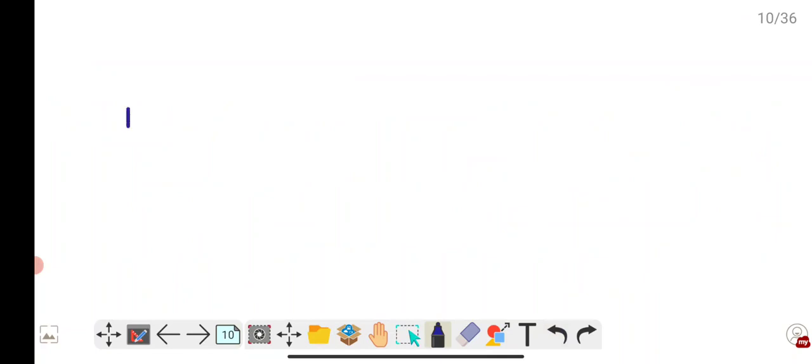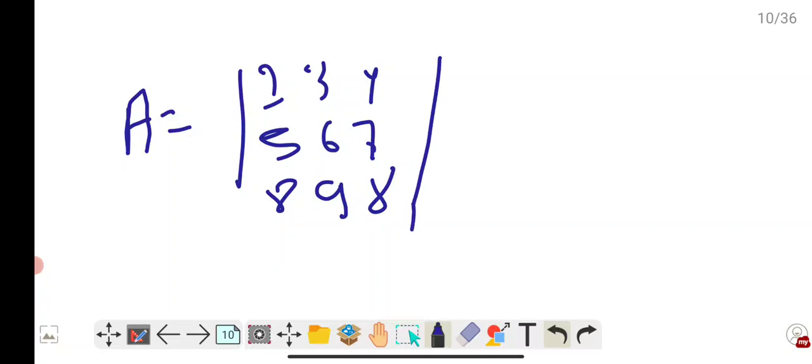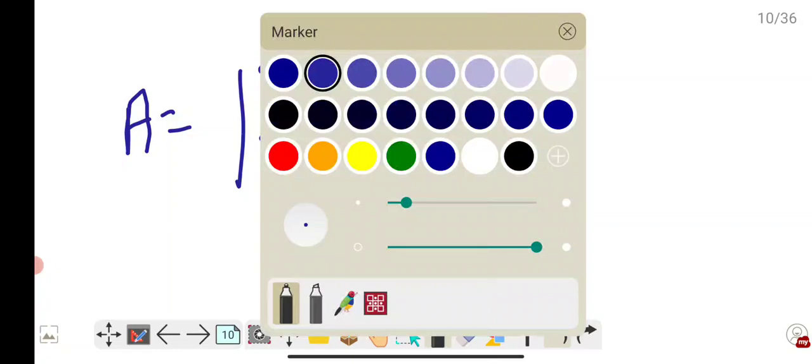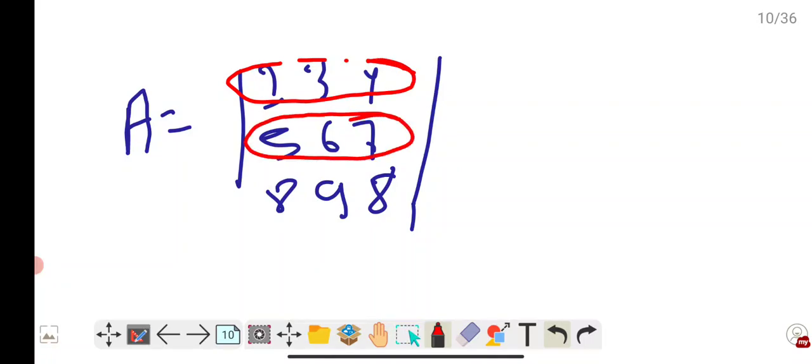For example, A equals 2, 3, 4, 5, 6, 7, 8, 9, 10, 8, 9, 8. Now if these rows are interchanged, what happens?